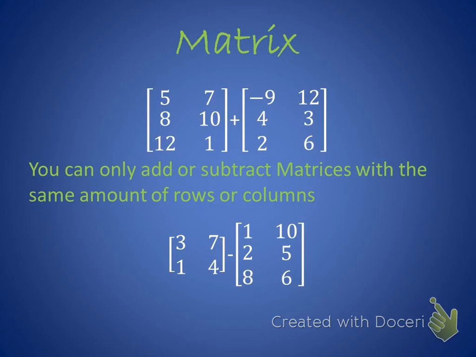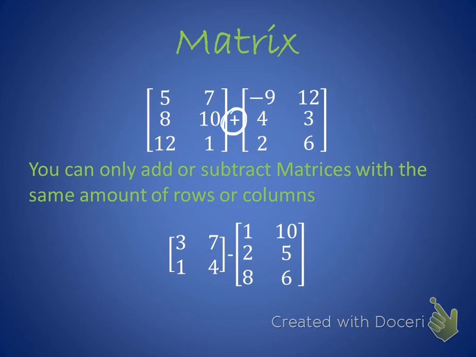So what you want to do when you're dealing with a matrix is add or subtract the numbers that are in the exact same position in each matrix. For instance, in this one right up top, since we figured out that we can add or subtract them because they have the same amount of rows and columns, I'm going to look at the sign that is separating the two matrices.